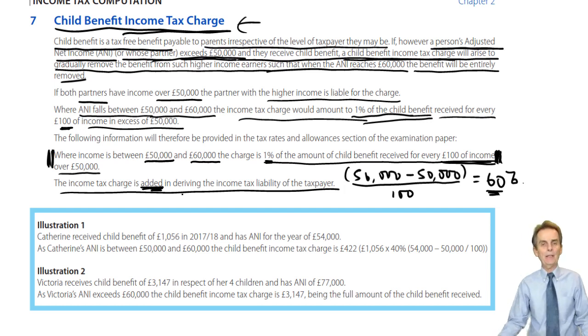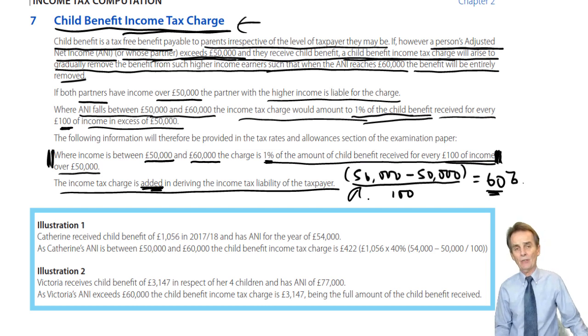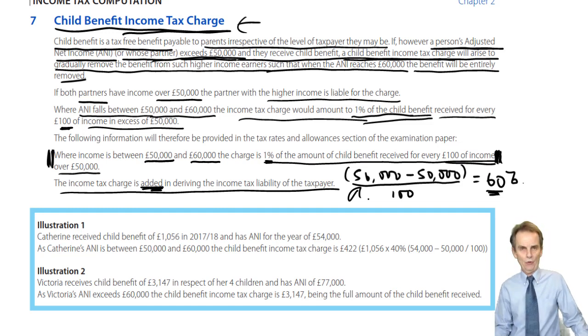Now, a couple of things here about the calculations that you do. There I gave you exactly 56,000. Now, it's for every £100. But if that, instead of being 56,000 there, had been 56,090, you'd be rounding down to the nearest £100. You always round down to the nearest whole number here, the nearest £100.